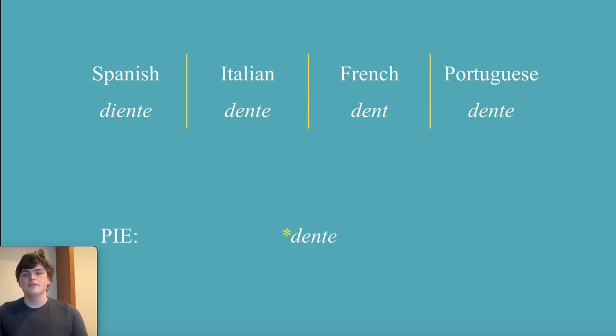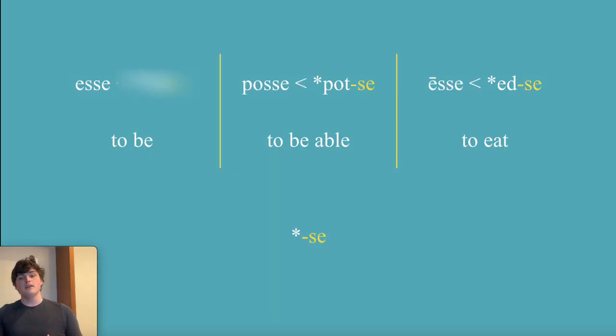Alright, so we've introduced the comparative method of reconstruction, but what does that mean for posse? Philip Baldi, a professor at Penn State and author of The Foundations of Latin, stated the form -se, or the suffix, is directly recoverable in the Latin infinitive forms such as esse, to be; posse, to be able, derived from *potse; and isse, to eat, derived from *edse.